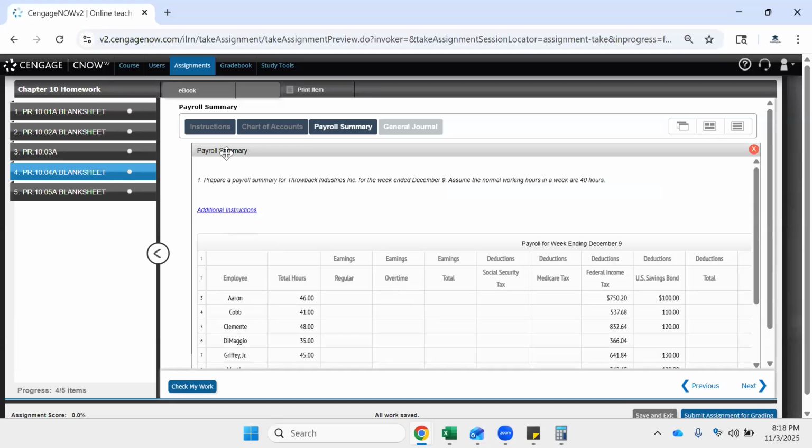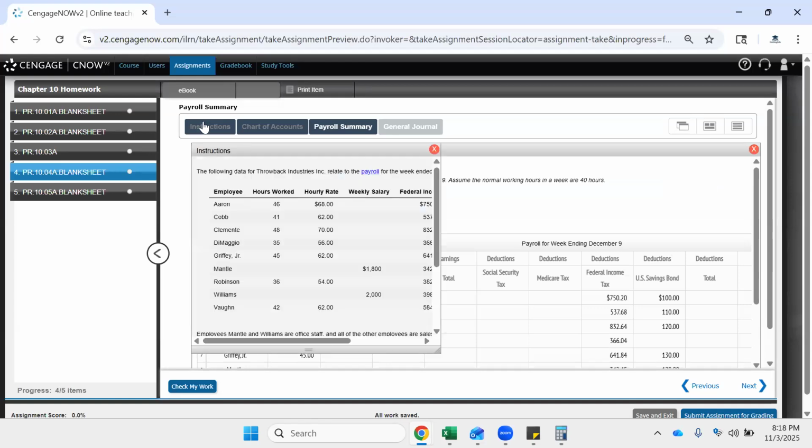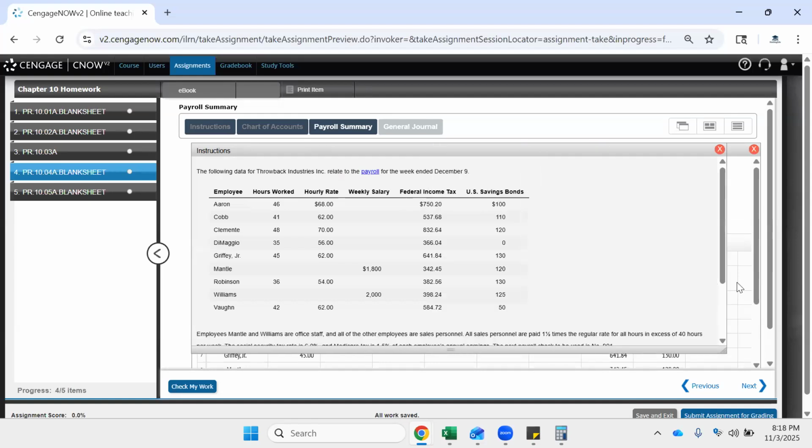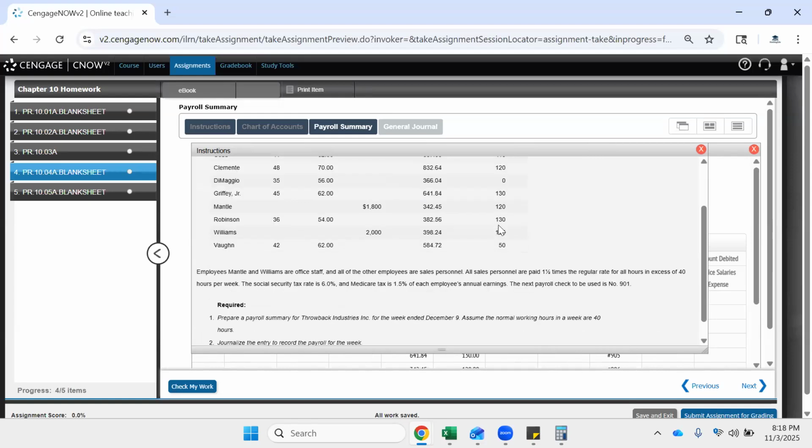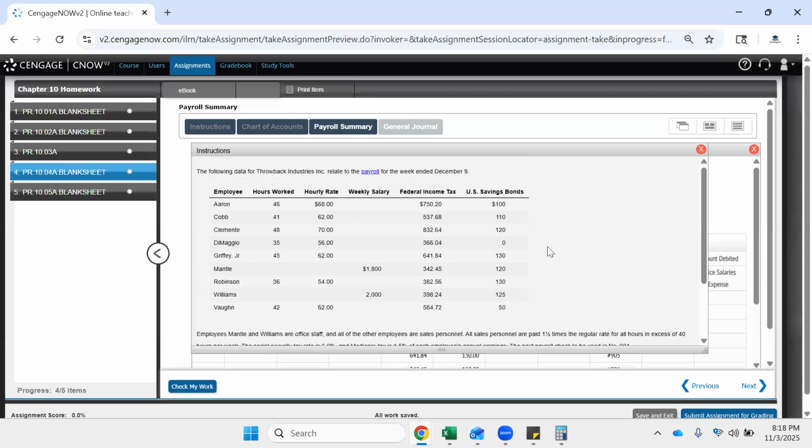So the problem for this payroll summary is to prepare a payroll summary worksheet for the week ended December 9th. We have each employee, how many hours they worked, their hourly rate, a salary if that's applicable, federal income tax withholding, and then amounts withheld for US savings bonds because that's the retirement investment that we're offering them.